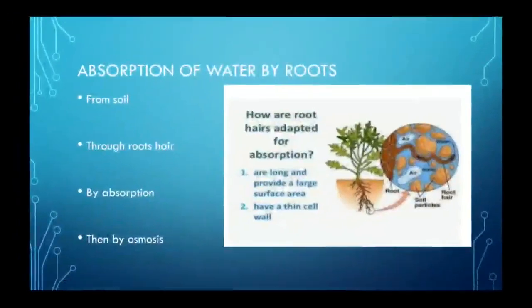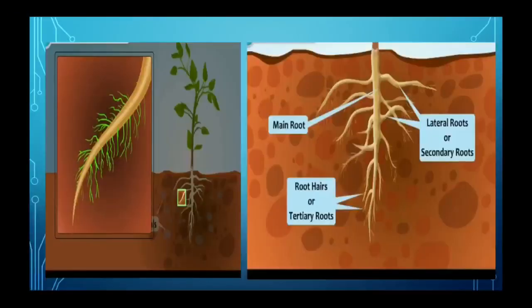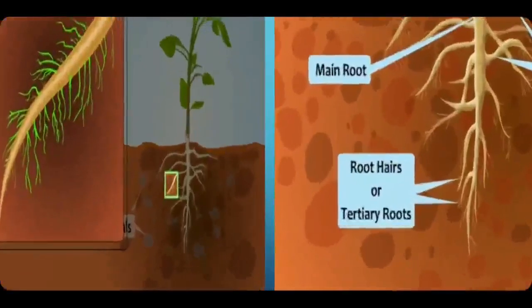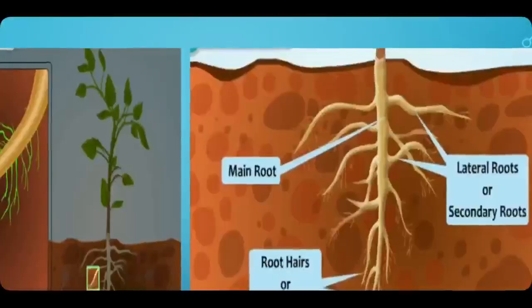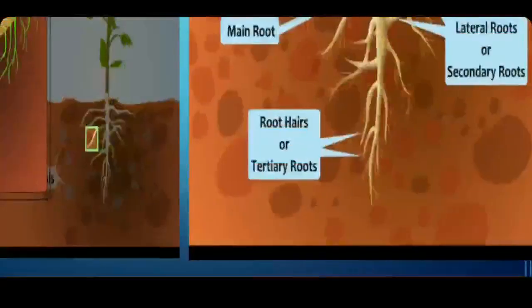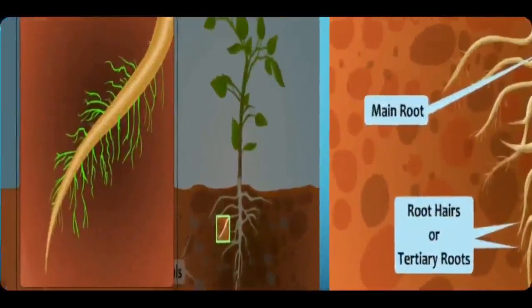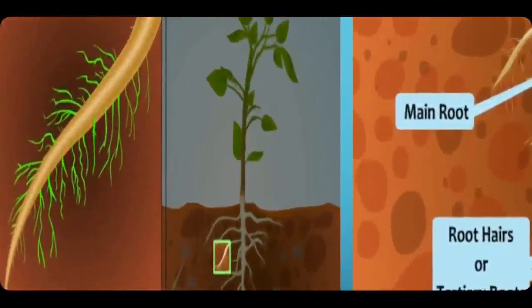Okay, here you can see in the picture that this is the structure of a plant, and this is the zoomed structure of the root. This is the root, and these are the hairs, root hairs.